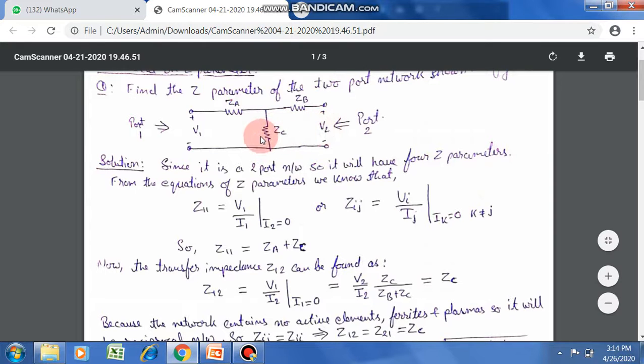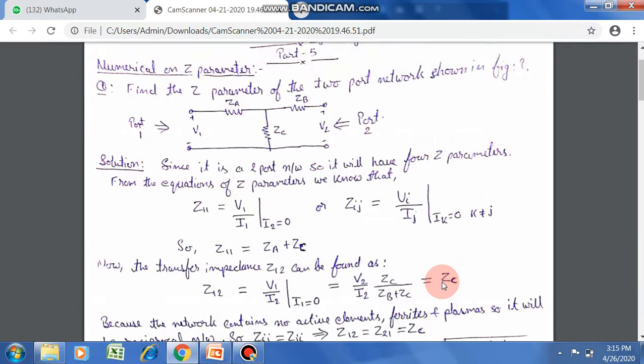It will be V2 into ZC upon ZB plus ZC. Then you divide by I2. Now V2 over I2, if you apply Kirchhoff's law here, is nothing but ZB plus ZC. So that will cancel out and you will get the answer ZC. So Z12 is equal to ZC.